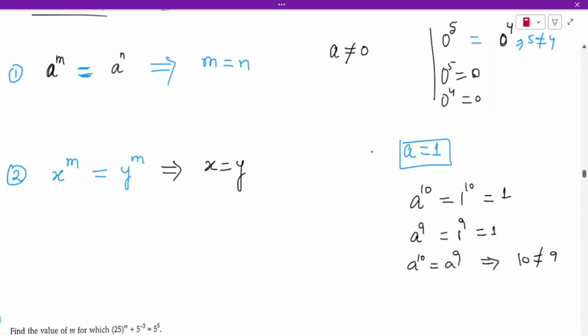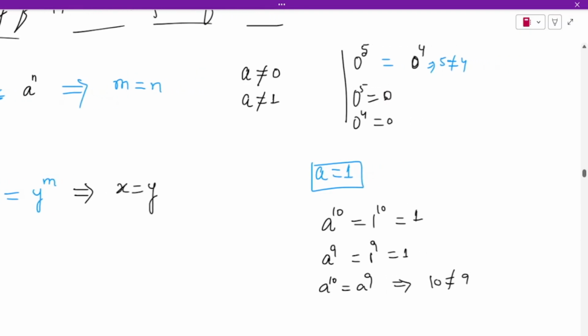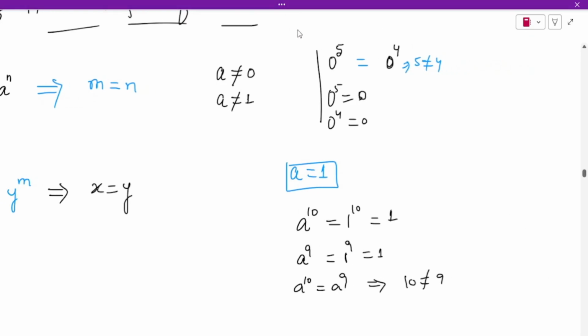So this law a to power m is equal to a to power n holds true except a is 0 and a is 1. We can also verify this for a negative as well. I mean negative 1 also. Let's try to put a is equal to -1.